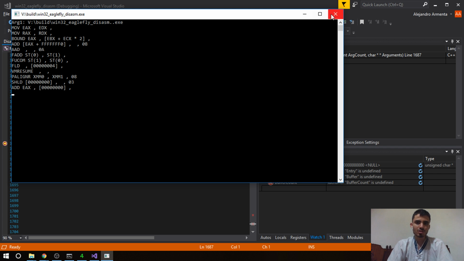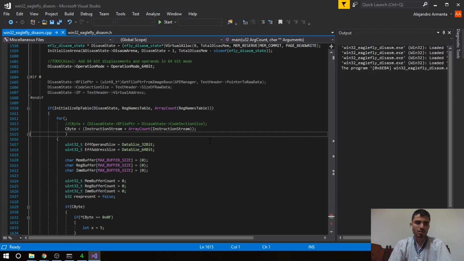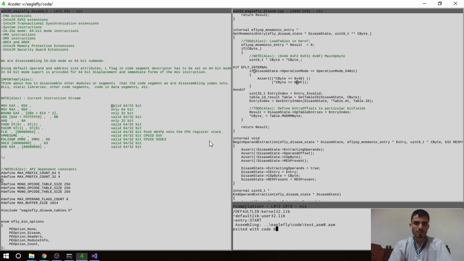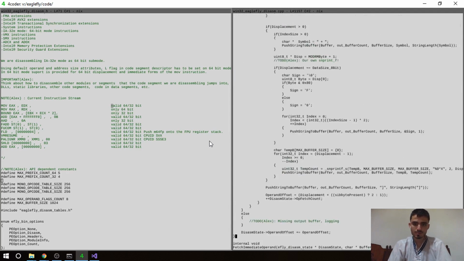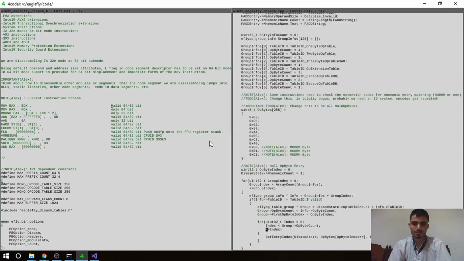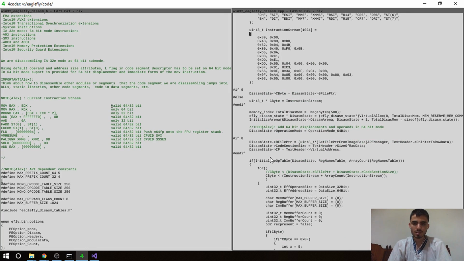So let's go to the shift instruction, let's say we have a shift. How do we have it there? Here you go. So the shift is this one, I believe. Yeah.